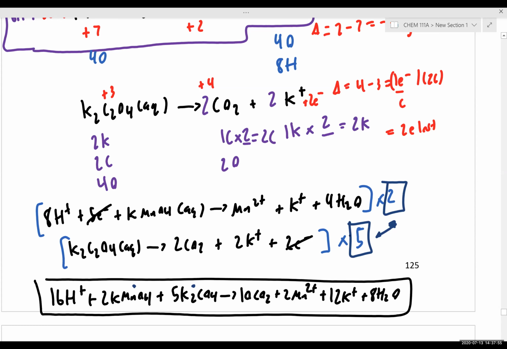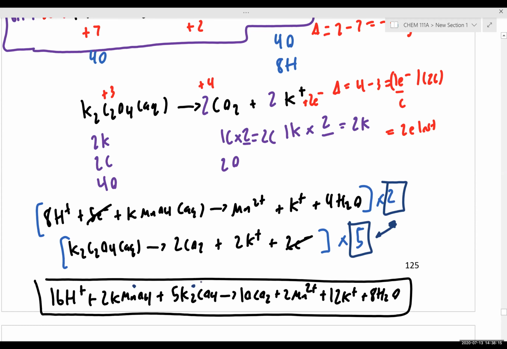So we'll see when we solve this redox titration problem that the ratio of your oxidizing agent, permanganate, to your reducing agent, potassium oxalate, will be 2 to 5.